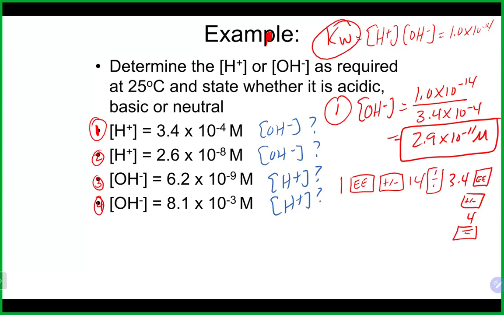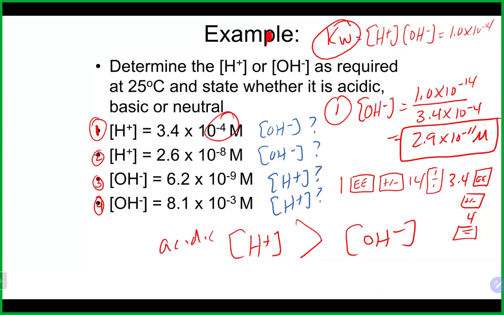Now we then want to compare the H plus concentration for this first one to the OH minus concentration. Which one is larger, OH minus or H plus? It is the H plus concentration that is larger in this case, and it would be acidic. A reminder that when you look at negative exponents, the smaller negative exponent is actually the larger number, because times 10 to the minus 4 means you're only going 4 places this way to put zeros.